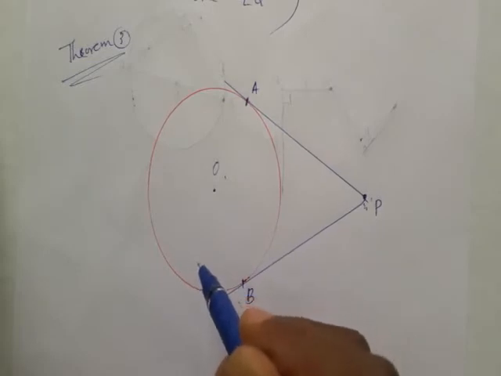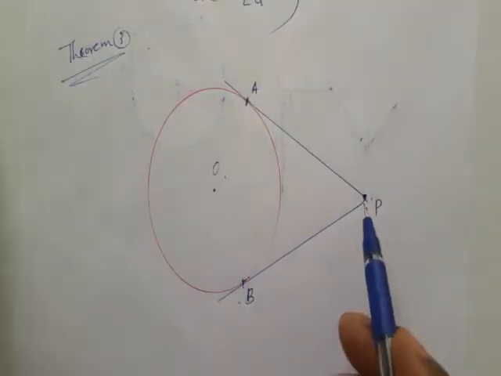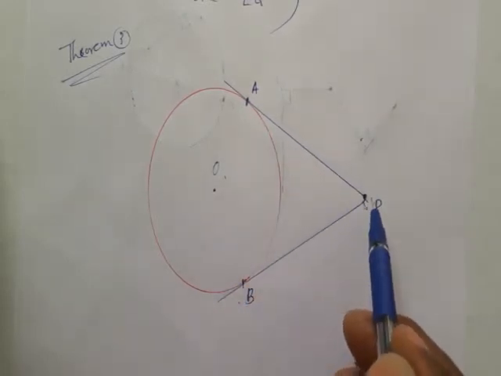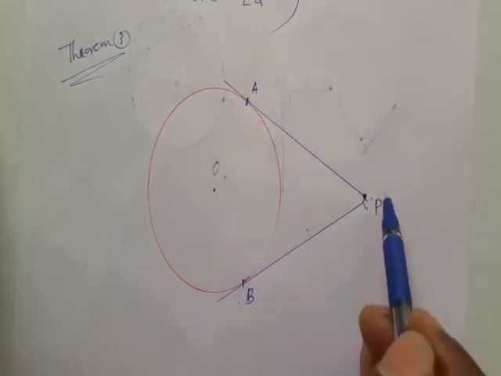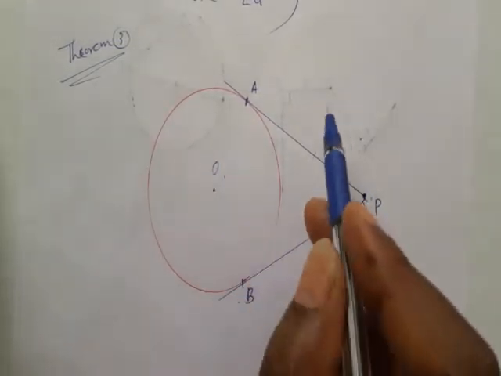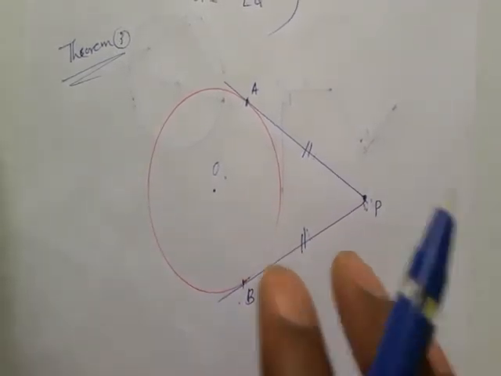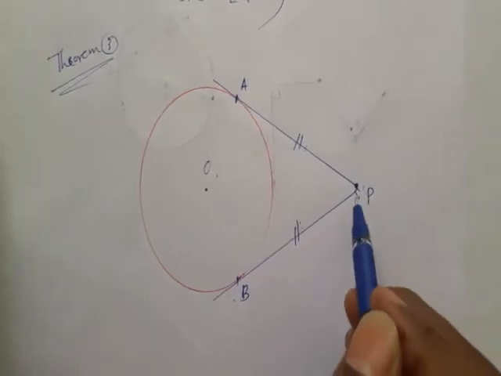Then what is the theorem's result? When you draw 2 tangents from an external point to the given circle, always these 2 tangents are equal. This is the result of theorem 3. That's it. The result is very simple.